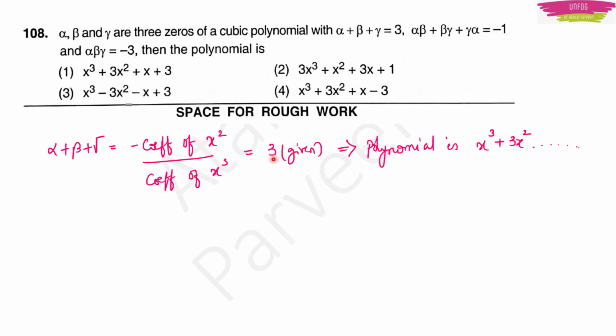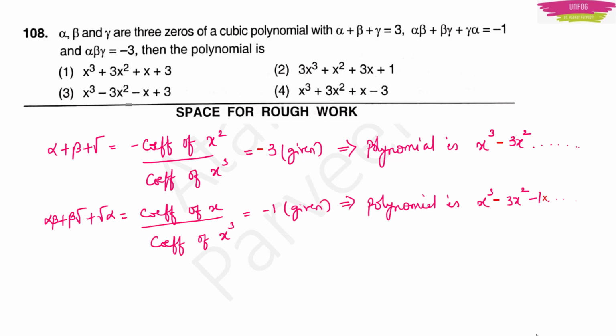So see which of the polynomial is giving you answer 3. X square should be -3 and x cube should be 1. So in that case you will get x cube minus 3x square.